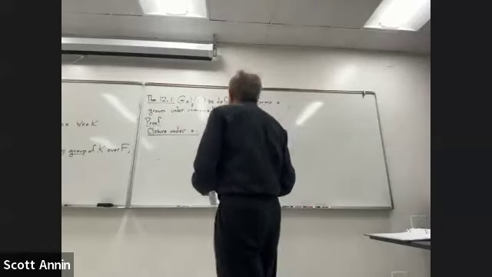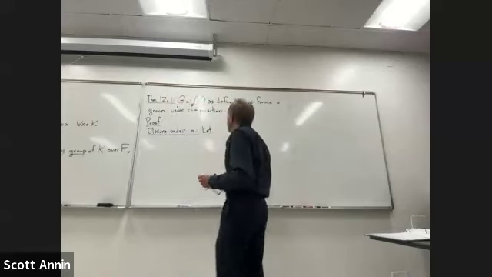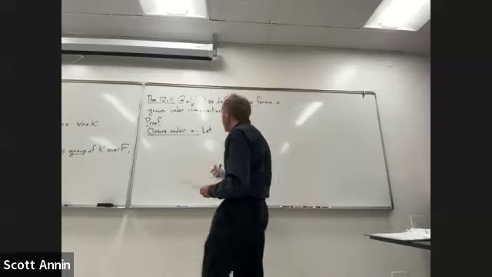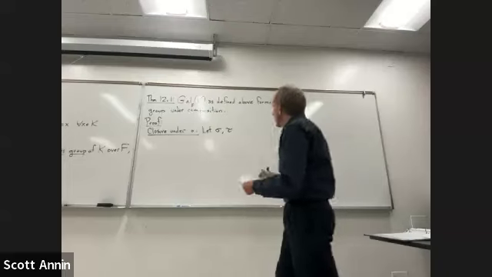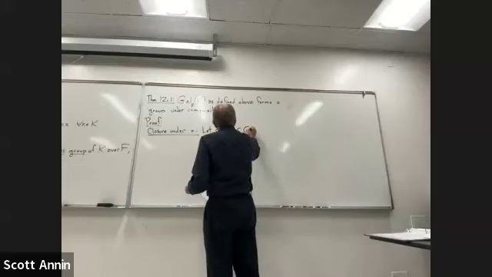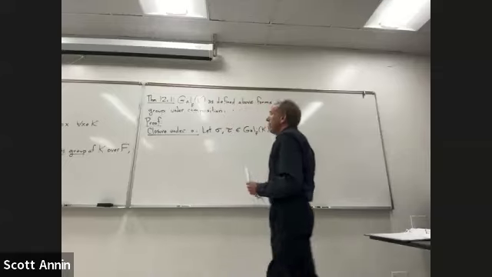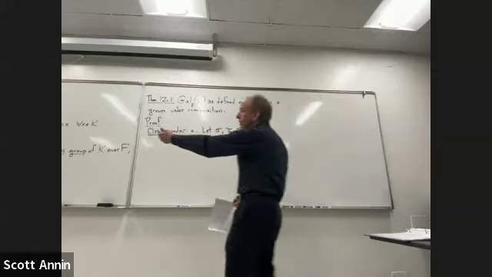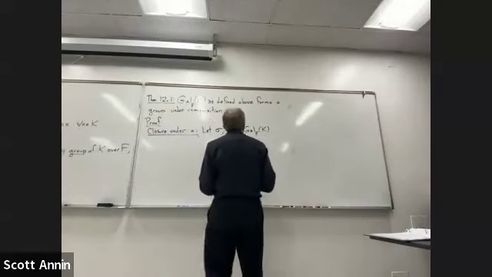The way this is going to work is we're going to start with two elements of this Gal of K over F. I'll call them sigma and tau. These are elements of Gal of K over F. All that means is that they are both F automorphisms of K, right? So that's all that we know.